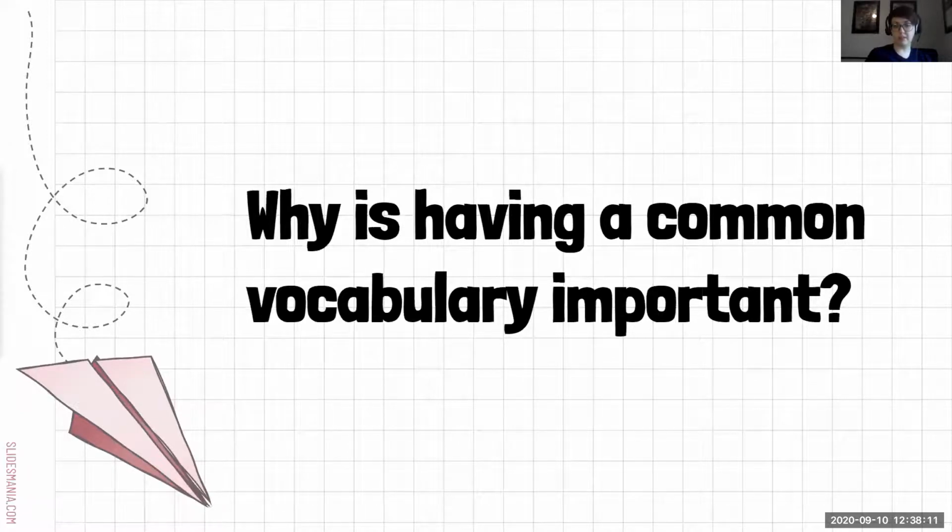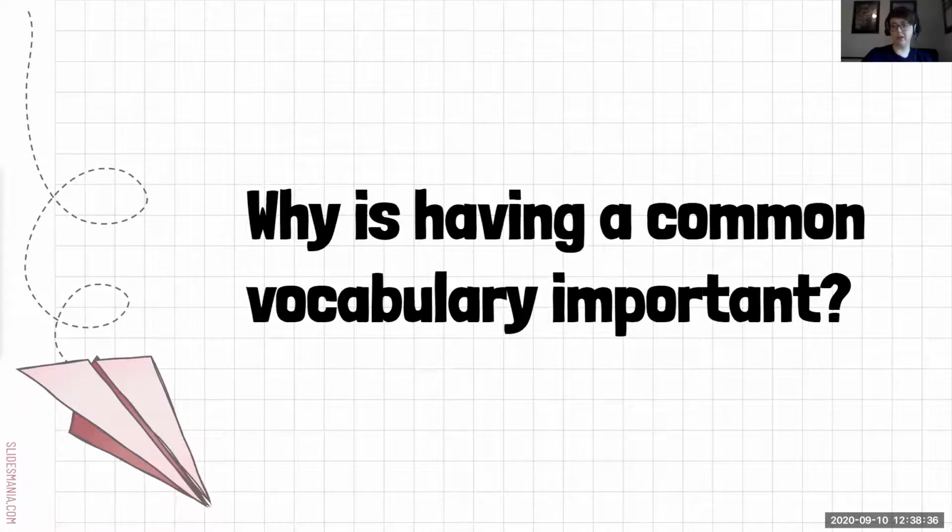Good. Yes. So you can understand the meaning of theater. Okay. Good. What else? It's easier to communicate. Yes. So you know what the vocabulary means.